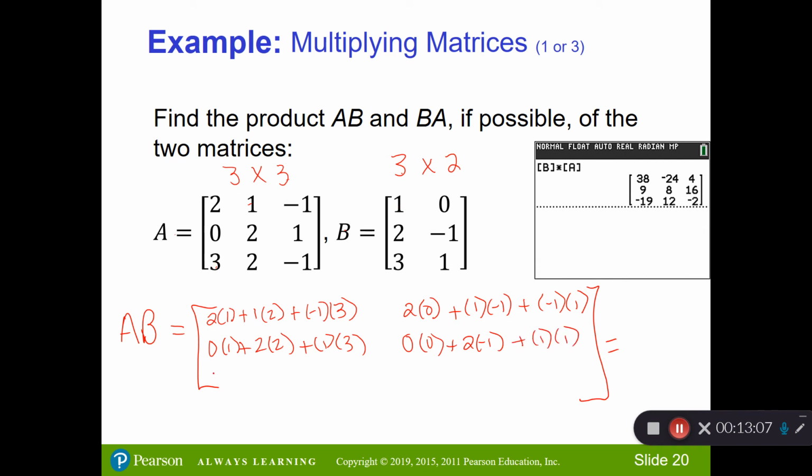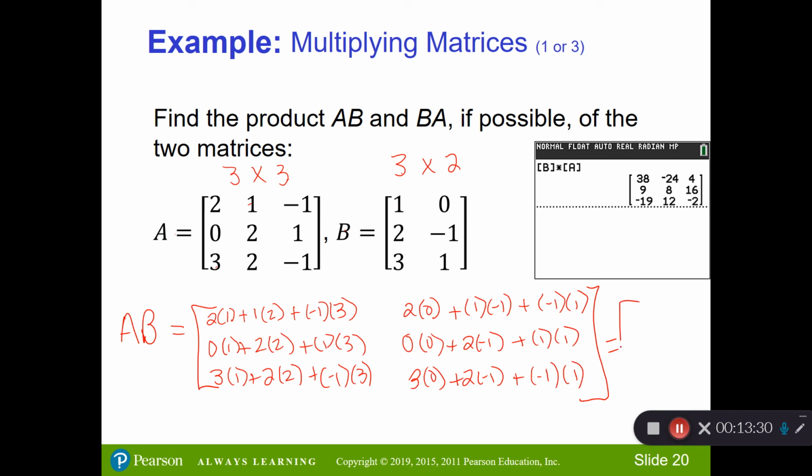Then the third row: 3 times 1 plus 2 times 2 plus negative 1 times 3. And then 3 times 0 plus 2 times negative 1 plus negative 1 times positive 1.